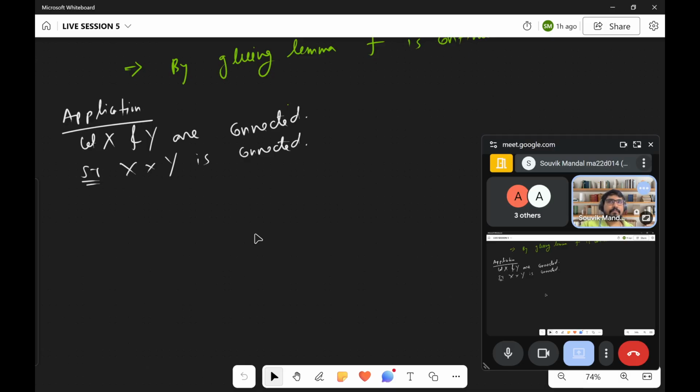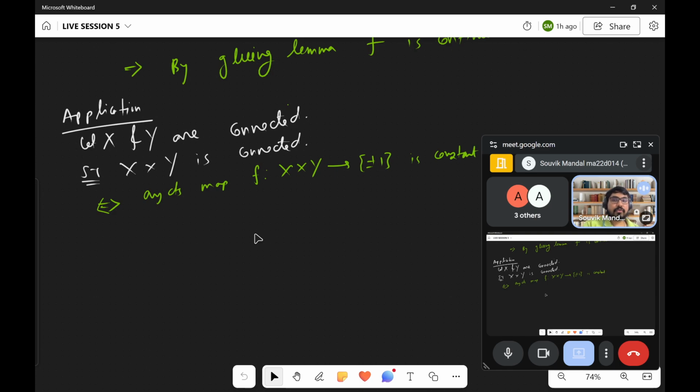So that means, by the previous theorem, it is equivalent to showing that any continuous map f from X cross Y to plus minus 1 is constant, correct?